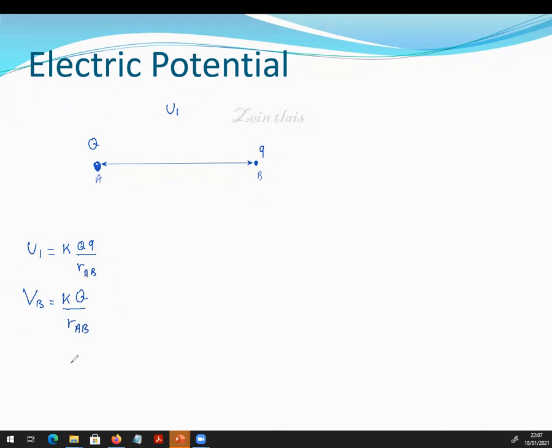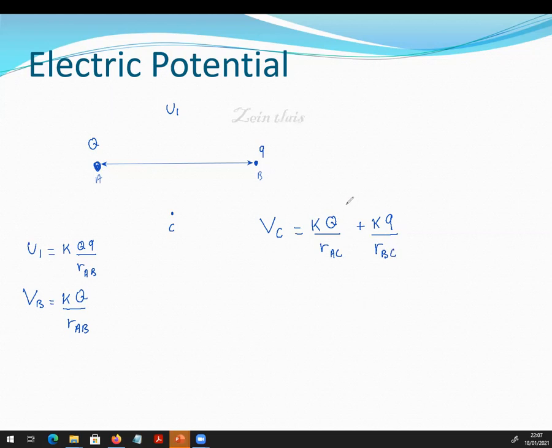Okay. Here we have a point C. V at point C equals the effect of this one plus this one at the point C. So here we get VC equals K Q divided by R AC plus K Q divided by R BC.